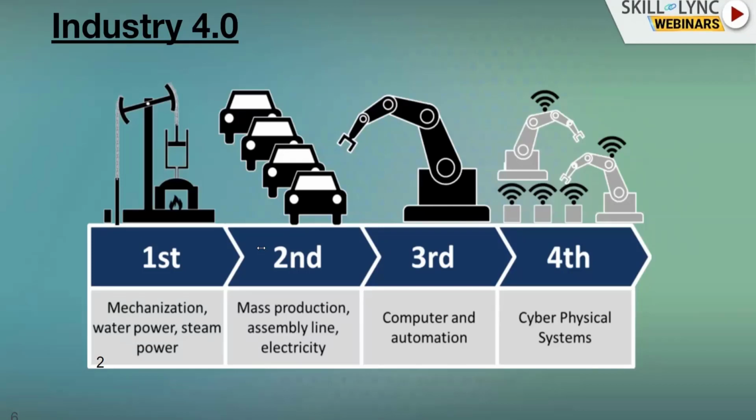But in the cyber physical system of Industry 4.0, you will be told what the action is and how we can take it. So this is the place where the digital twin fits into the picture. So yeah, let's move forward, Shruti.